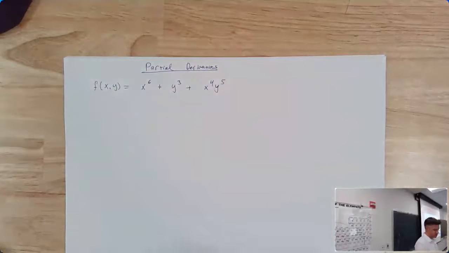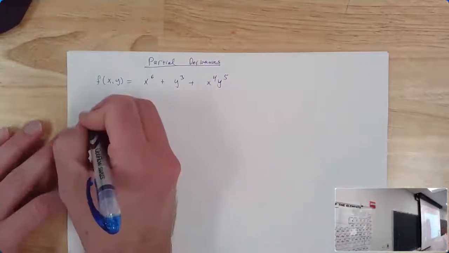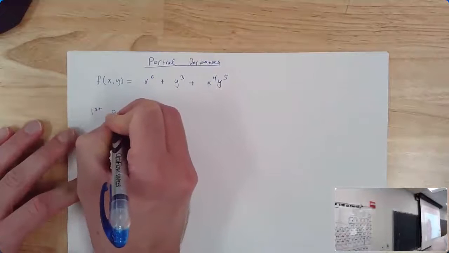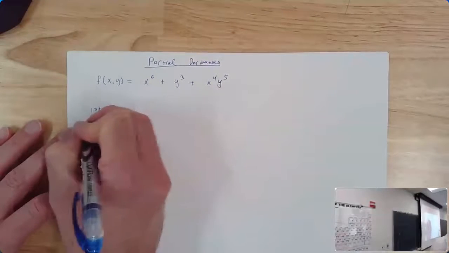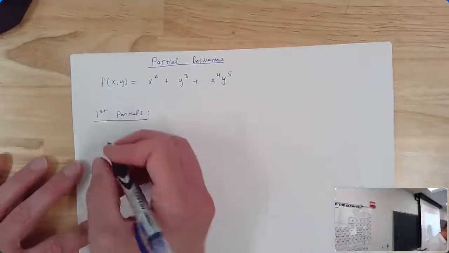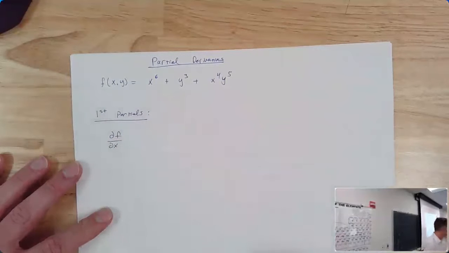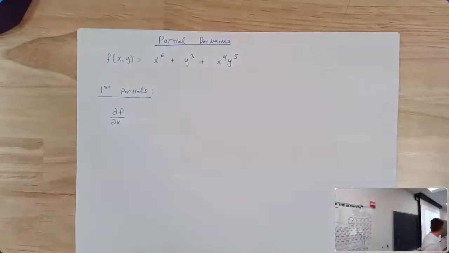And we want to find lots of things. So we're going to find the first partials and the second. So let's talk about finding the first partials. And again, there's a couple ways of writing this. You can either write the first partial with respect to x as del f del x, but people get tired of writing so much.